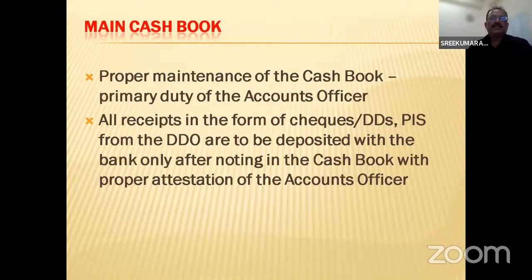All the receipts the institute gets by way of cheque, DD, or even online transfers to the bank account have to be well accounted in the cash book on the receipt side. This includes the paying slip received from the DDO. All receipts in the form of cheques, DDs, and paying slips from the DDO are to be deposited with the bank only after noting in the cash book.